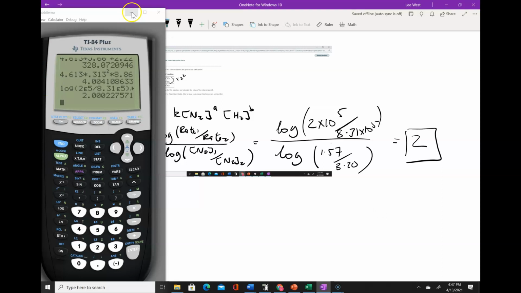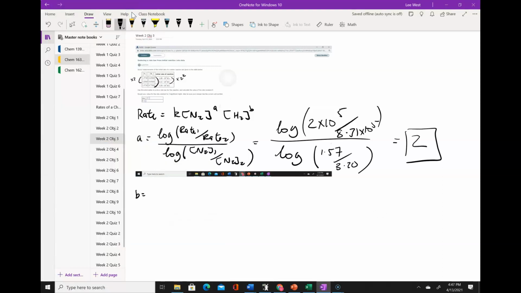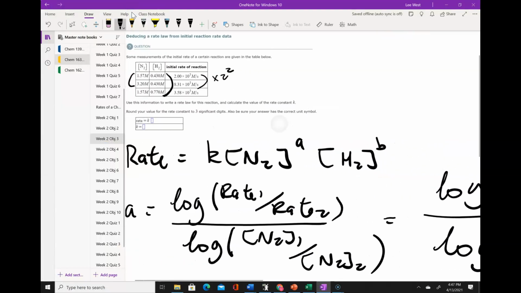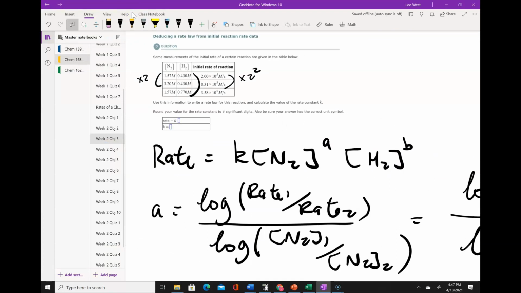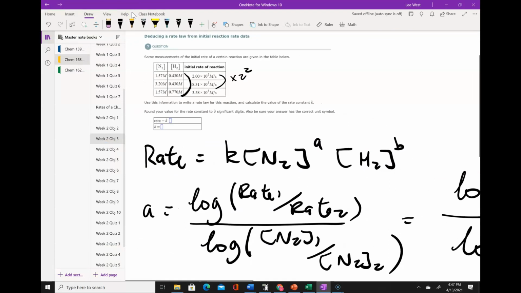Right, now we're going to look at experiments 1 and 3 and figure out the order of H2. So let's see if we can eyeball it, right? So between experiments 1 and 3, this went up by about 1.5, but the rate also went up by about 1.5, right?